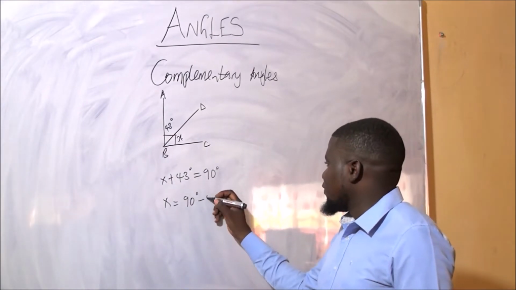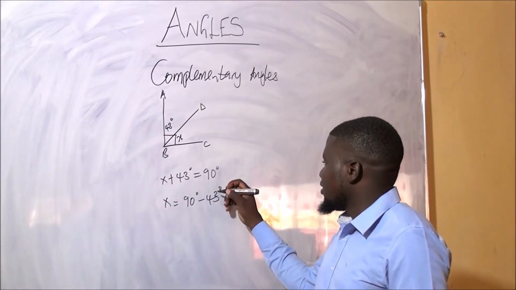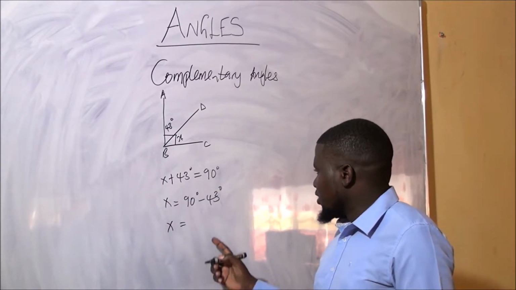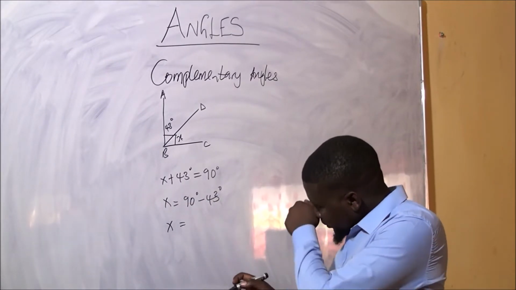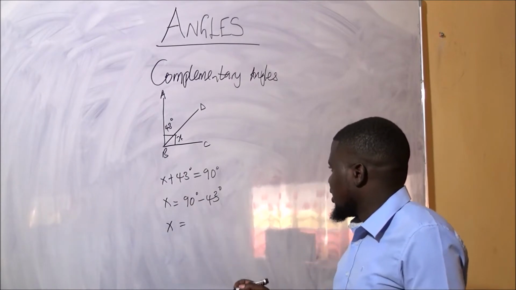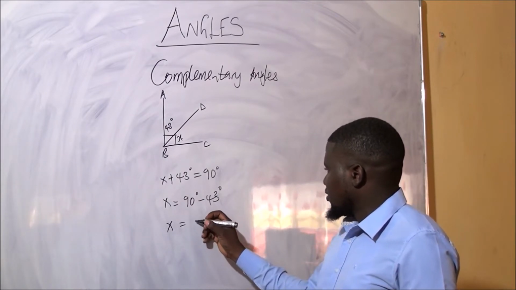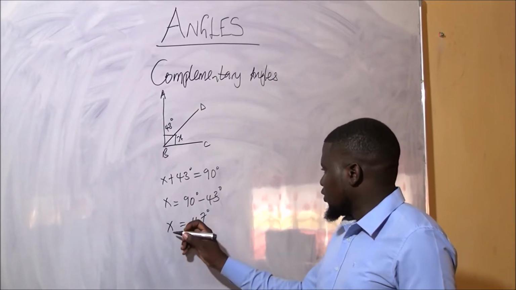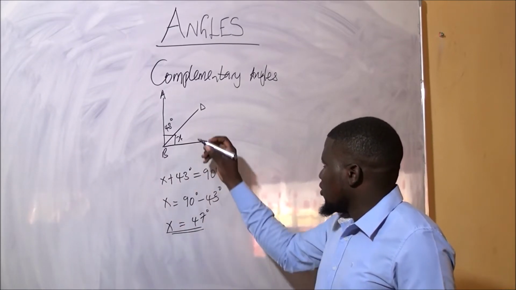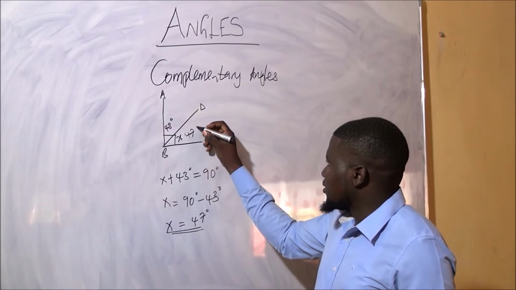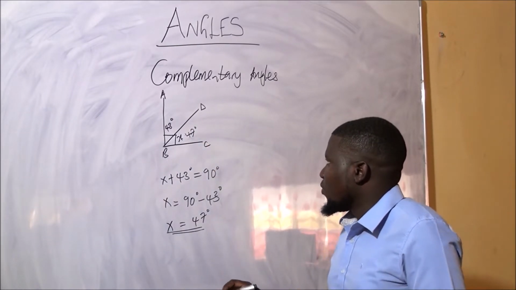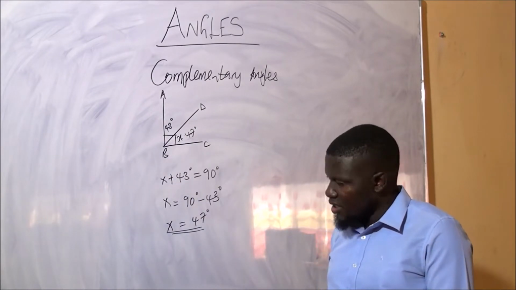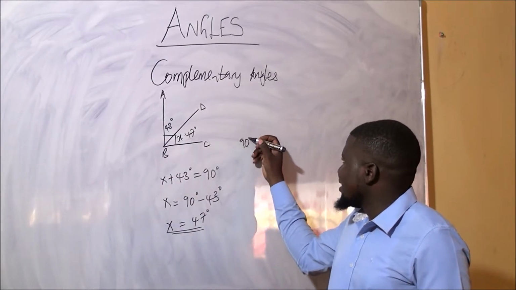Therefore, X is equal to the difference between these, which is 47 degrees. So 47 degrees represents X, such that when you add these two, 43 plus 47 degrees, we get 90 degrees.